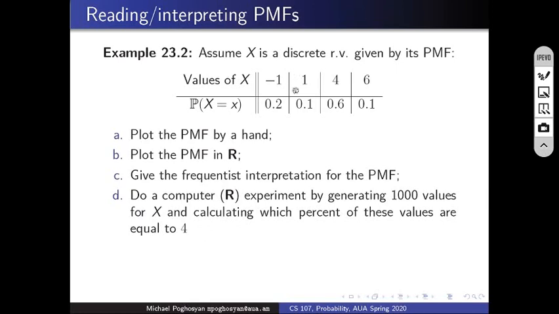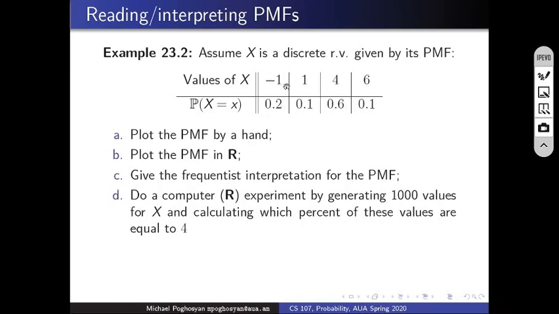Let me go back to our slides. The possible values of X are these 4. If we generate a value of X, if we observe the value of X, it will be either -1, 1, 4, or 6. If we were able to generate values of X a lot of times, then most of the time we will have 4, because the probability of having 4 is 0.6.